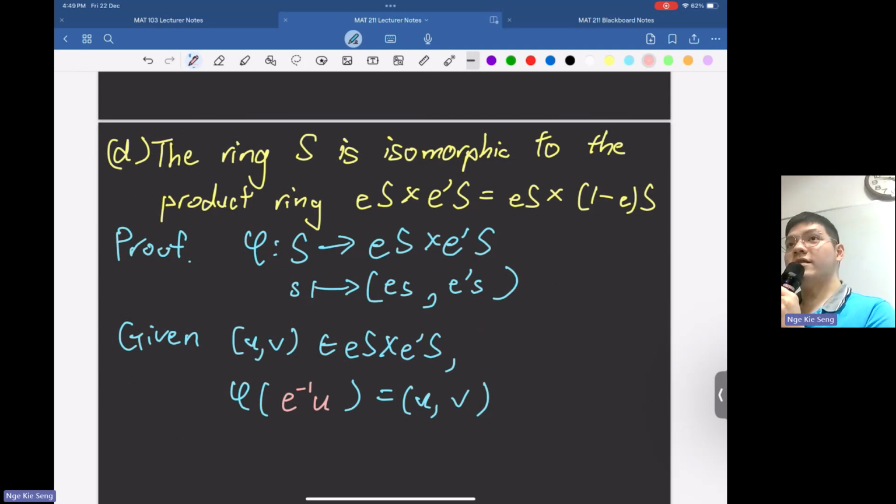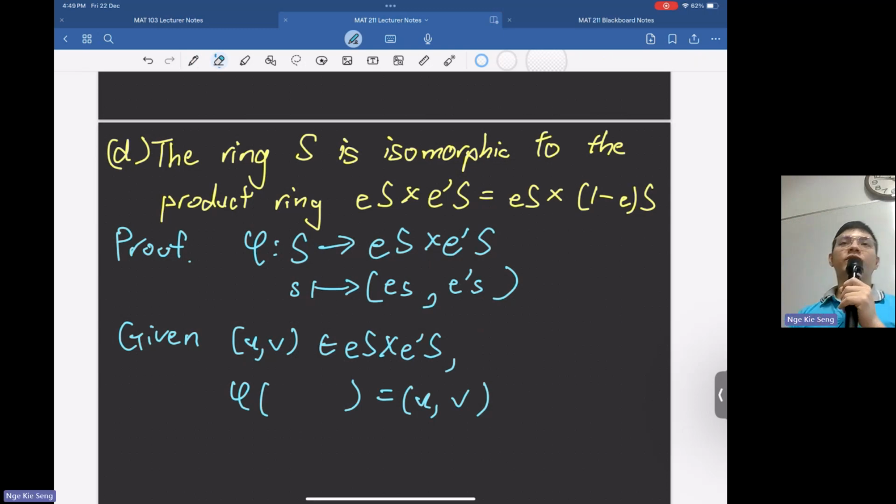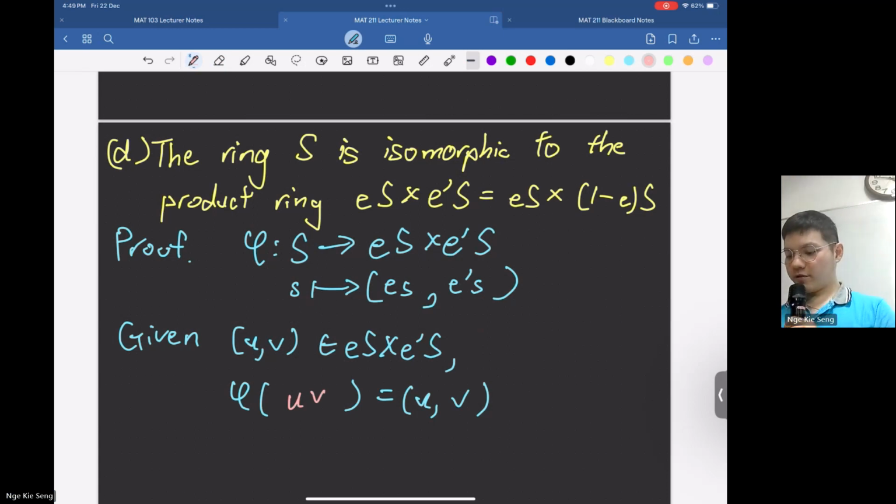How do you know that E is invertible? How do you know if E is invertible or not? You mean u times v? Then you should check.